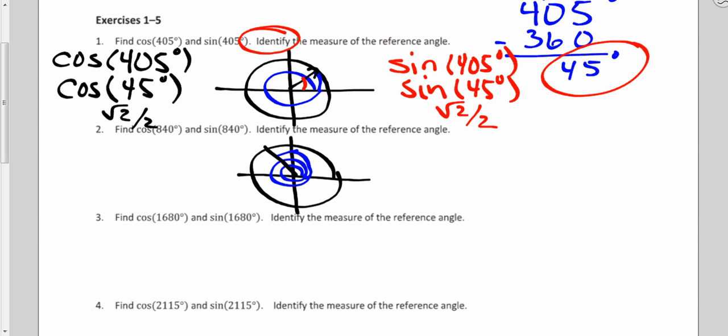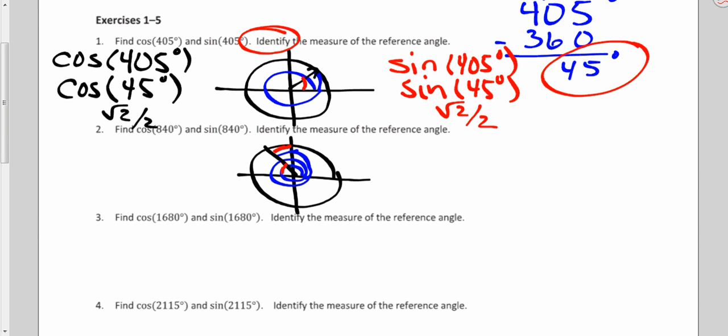Now, I'm going to do this in red. If this is 30 degrees right here, what's this? 60, right? Why is it 60? This is a right angle, 90, and 30 and 60 are complementary.